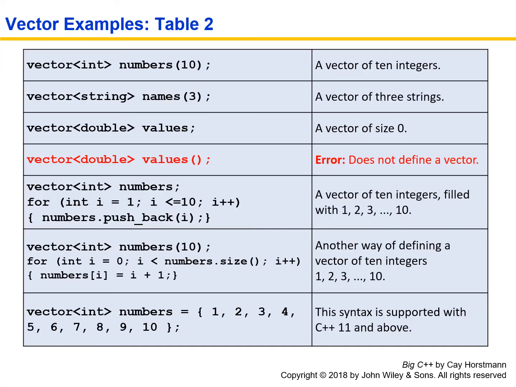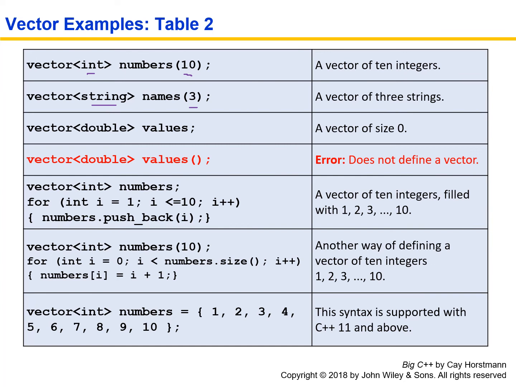Here are some examples. You can have a vector of size 10 that contains ints. You can have a vector of size 3 that contains strings. Now note that these are initial sizes. They do not fix the size of the vector forever.